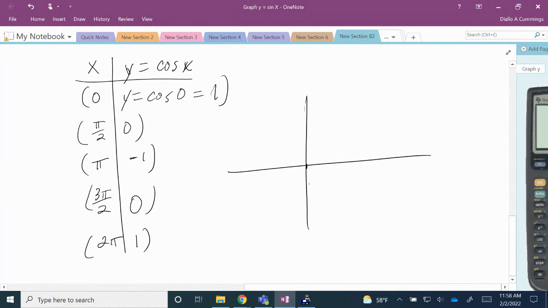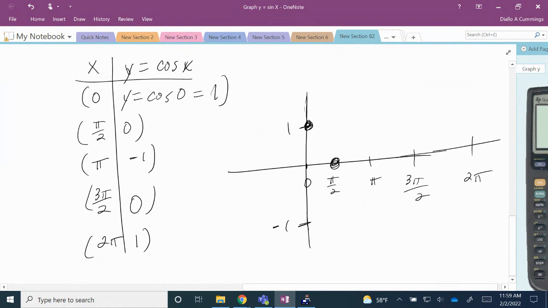All right, so on our x-axis, we have 0, pi over 2, pi, 3 pi over 2, and 2 pi. On our y-axis, we're going to list out 1 and negative 1. Okay, and we're going to plot. So we're going to plot 0, comma, positive 1, which is here.